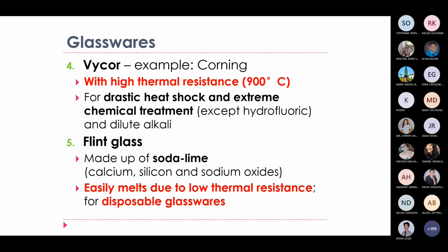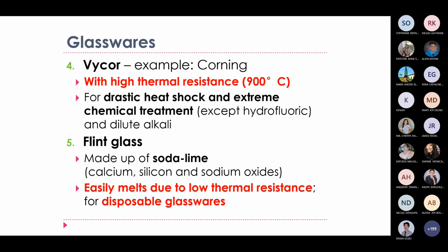What does drastic mean? Sudden, that's why heat shock, and extreme chemical treatment. There is an exception: hydrofluoric acid, concentrated chemicals, and dilute alkali. Vicor is with Vigor. High thermal resistance, because its resistance is strong. So it has vigor.